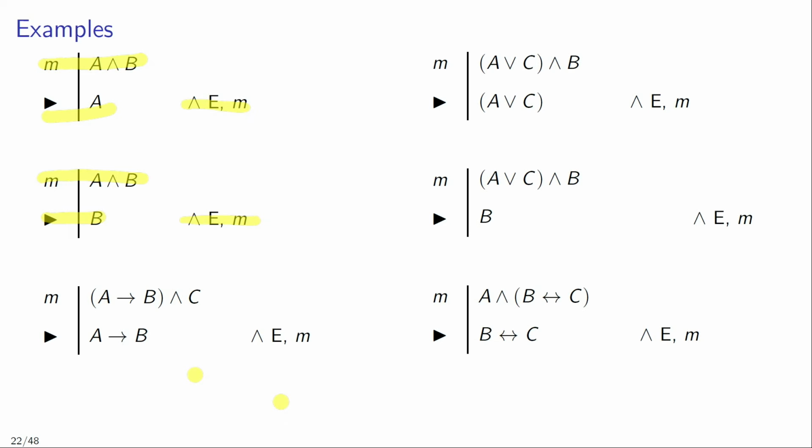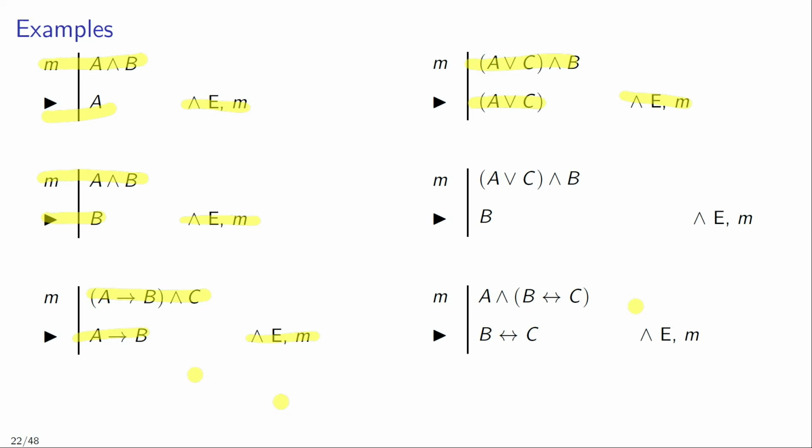Now, the same works even if you have more complex conjunctions. So, for example, if in line M of your proof you have the conjunction if A then B and C, you can infer the first conjunct if A then B and justify this inference by citing conjunction elimination applied to line M. Or, to give you another example, if in line M of your proof you have the conjunction A or C and B, then you can infer the first conjunct A or C and justify this inference by citing conjunction elimination.